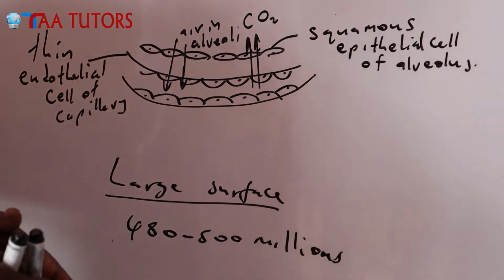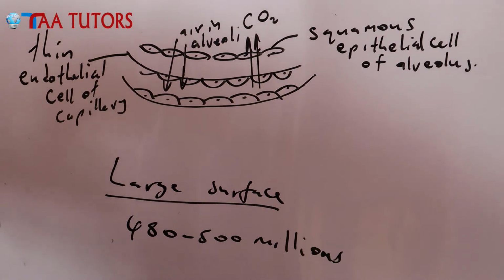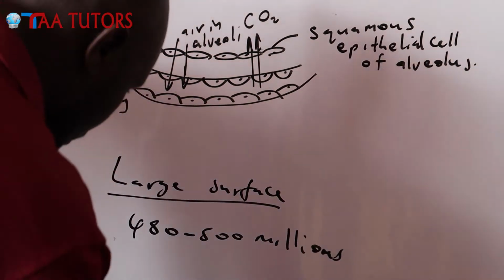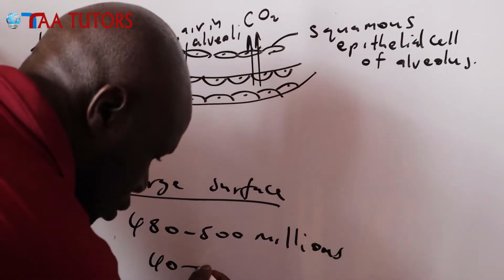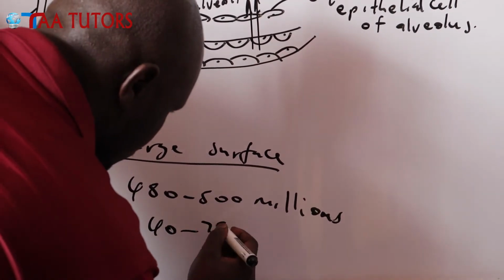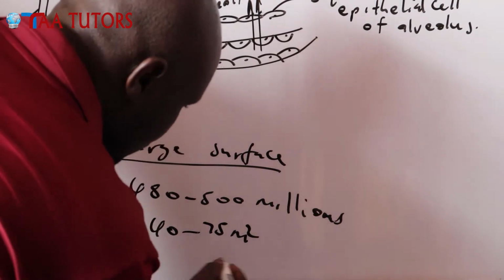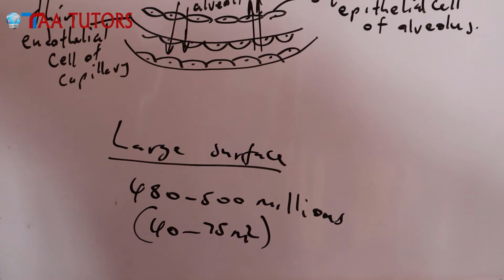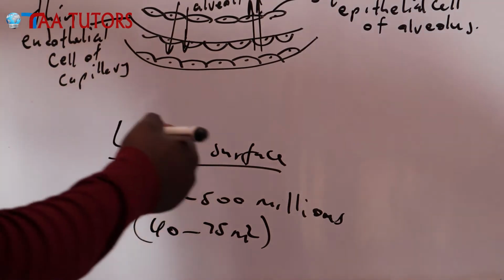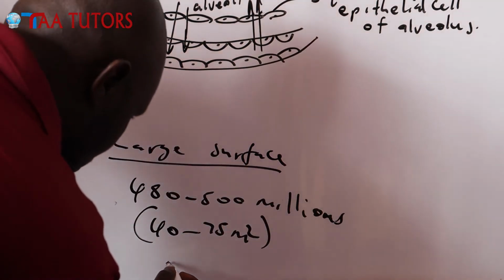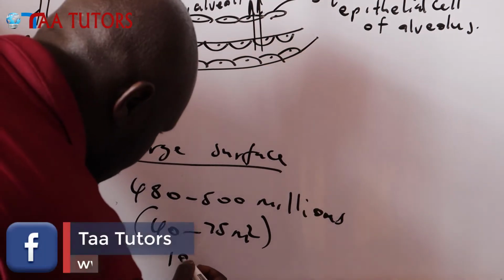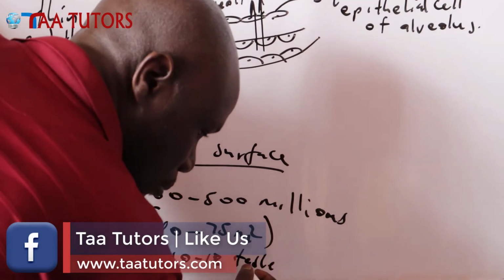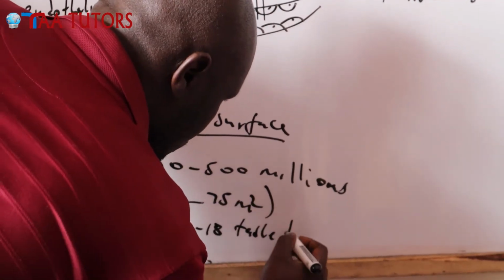In fact, if I can bring it down to a language that you can easily understand, if we talk about those packages, they are around 40 to 75 meters square. So this is the surface that the gas can occupy. In simple sports language that we can understand, this is approximately 10 to 18 table tennis tables.